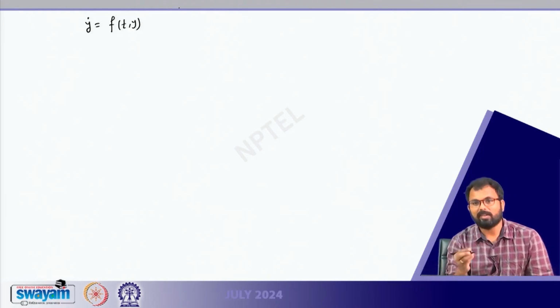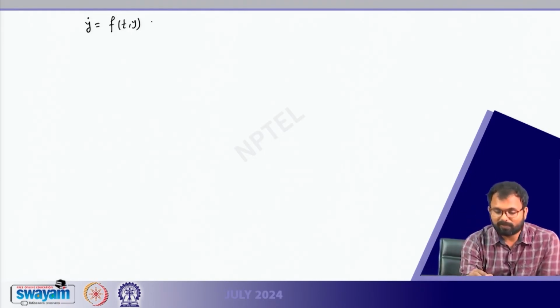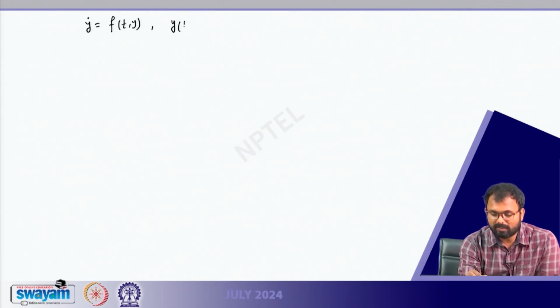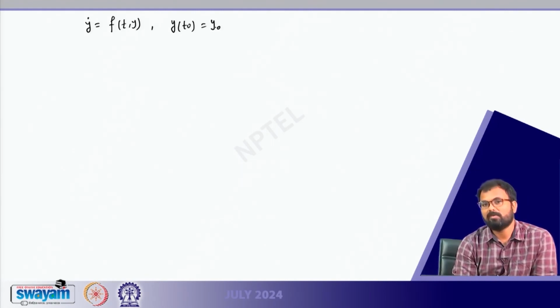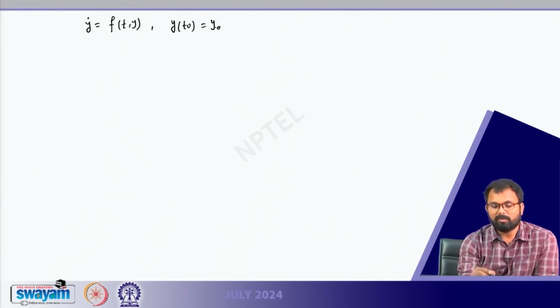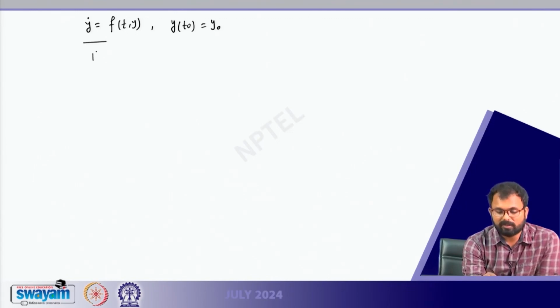So in order to have a unique solution, you prescribe y at t0 equals some y0. Now this will give you a unique path that is followed by that particle p. So basically you have a first order ordinary differential equation together with some initial condition.